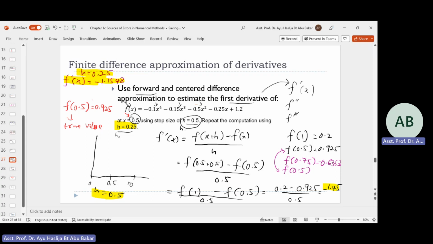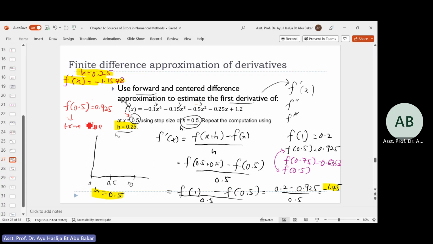Now try to find out the true error when h equals to 0.5 and h 0.25.